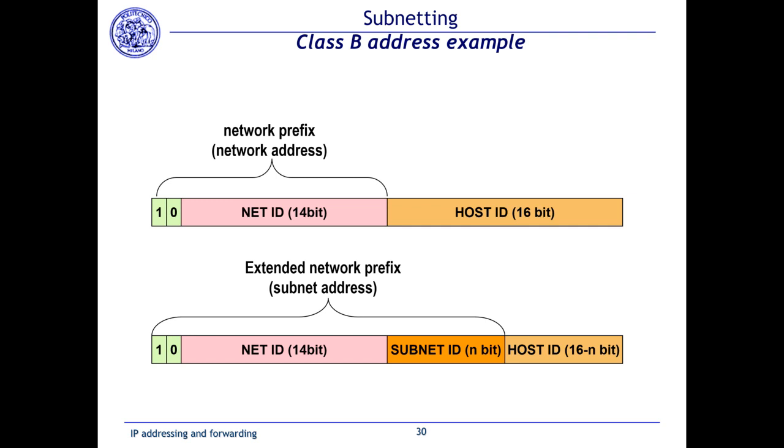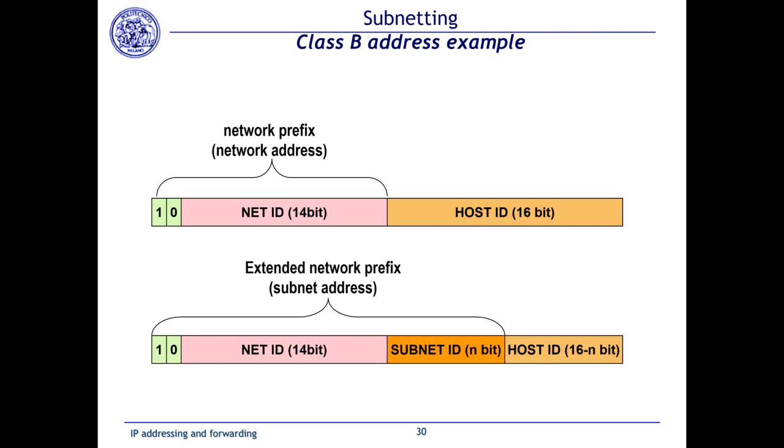Obviously, this will mean that you have to give up some of the bits that are used for the host ID. But this is not a problem because in each subnet you will have fewer hosts, a number of hosts that is smaller than the number of hosts of the overall network. How many subnets can you define?